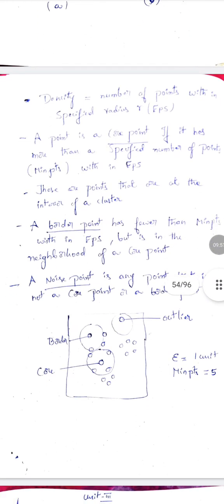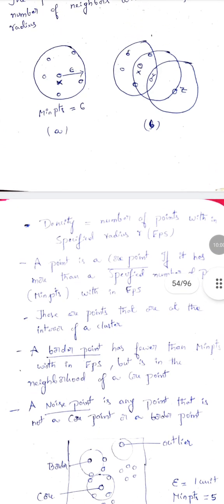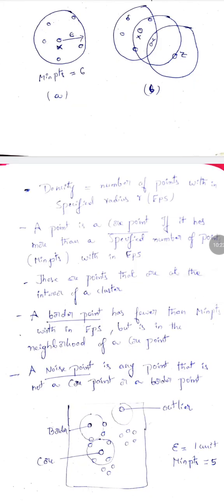A point is a core point if it has more than the specified number of minimum points within epsilon. Simply, I am telling that a border point is the touchable point of the circles, and we can consider the midpoint of the two circles as a core point.